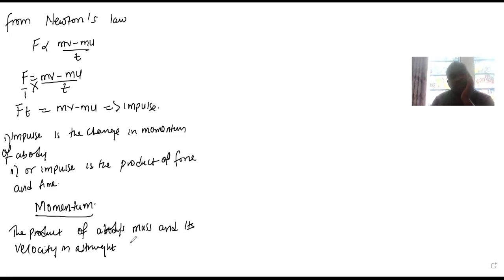The reason we say in a straight line is that it's a vector, whereby the direction can change, depending on the direction of the velocity, right?